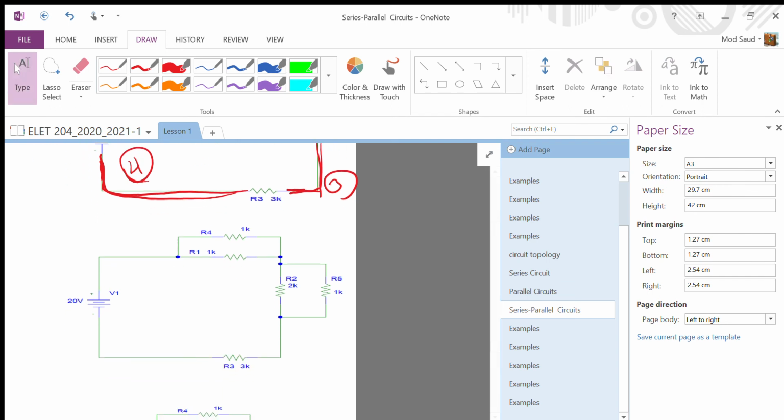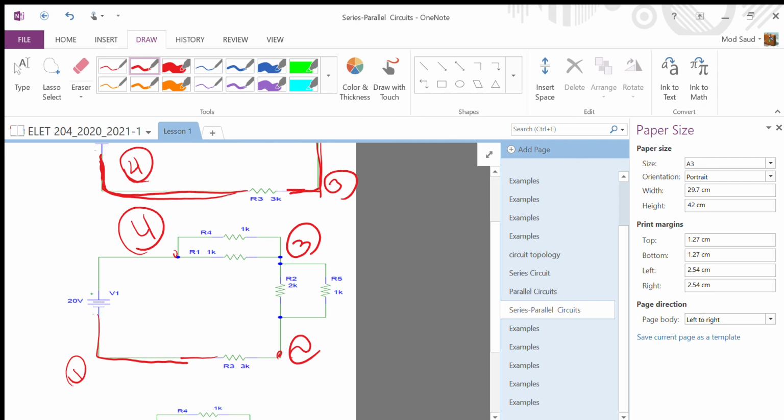What about this one? Again, this is the supply with the resistor 1, 2, 3, and again 4 nodes. Node number 1 connecting source through. So since it is 4 nodes, it is not a parallel circuit, more than 2 nodes. Now if you look at node number 1, it connects supply to R1.